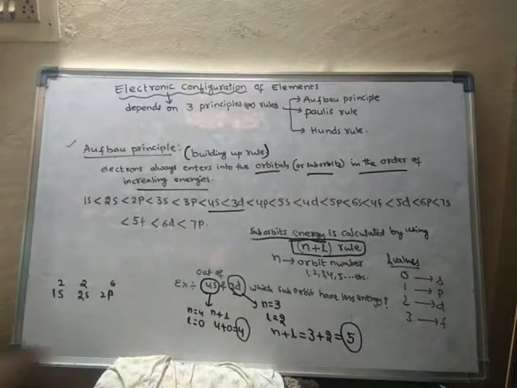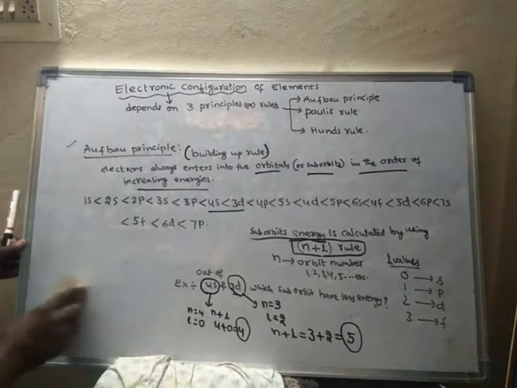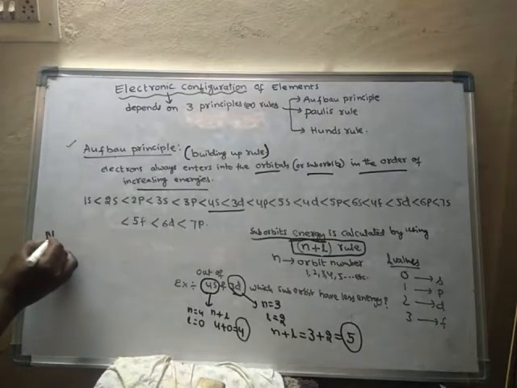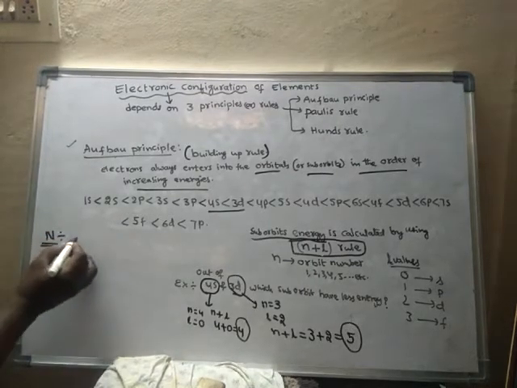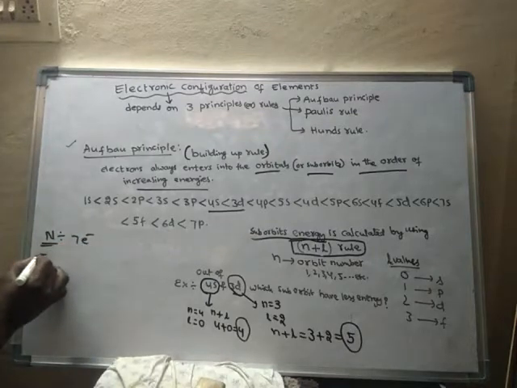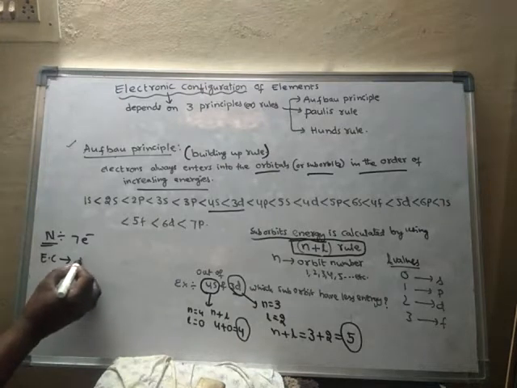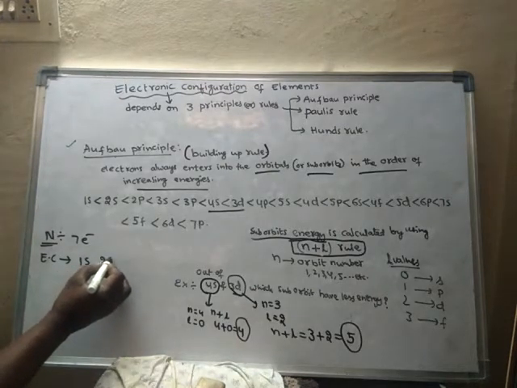For example, if you write the electronic configuration of nitrogen, it has 7 electrons. So its electronic configuration should be written like this. First 1s, 2s, 2p.